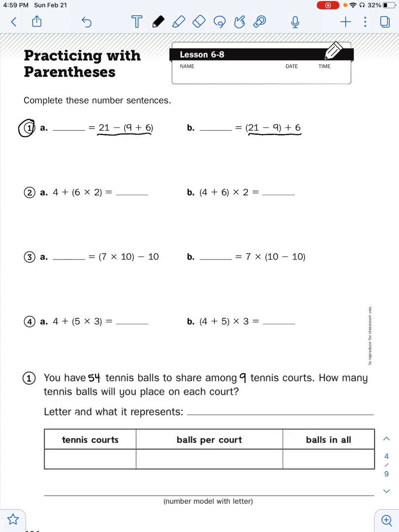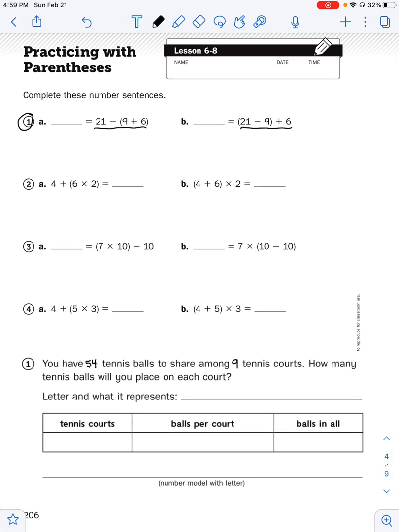Okay, so be careful. Don't just write the same answer for both of these because they're not going to be the same answer. And that's the really cool thing about parentheses, is that it does really change the outcome or the answer at the end. All right, go ahead and do this, and please make sure to do the last problem as well, and then turn that into Canvas.